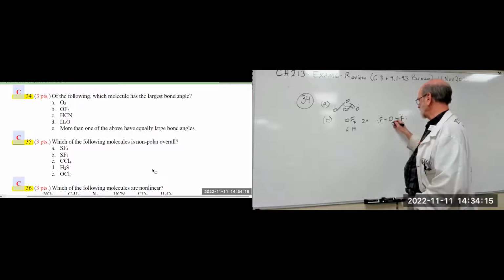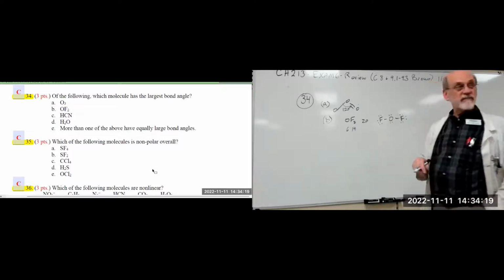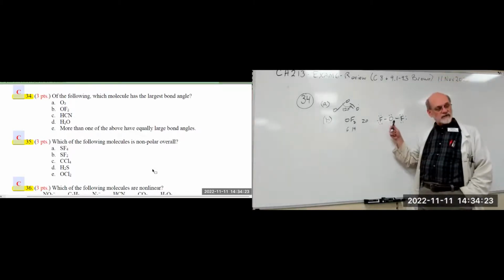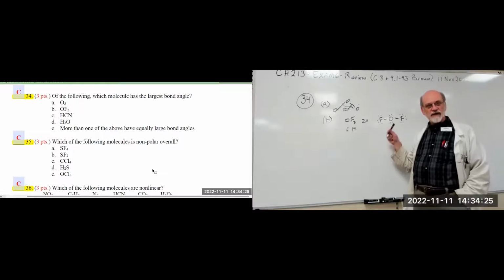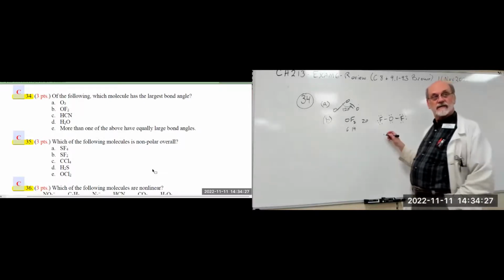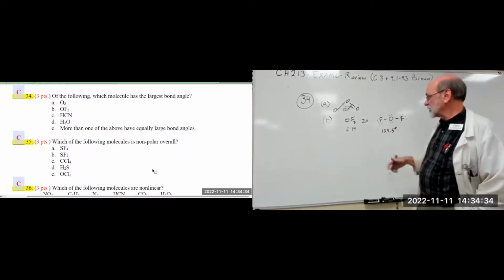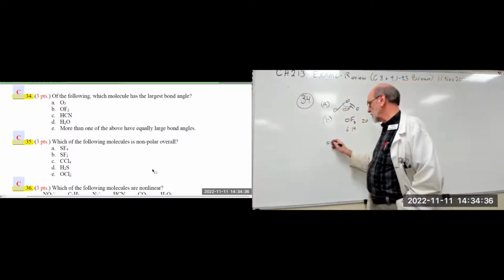And then there. So that would be a bent molecule because our electronic structure is 4 groups, tetrahedral. That's a bent molecule. And a tetrahedral has a 109.5 degree bond angle. So it's even smaller than this one.